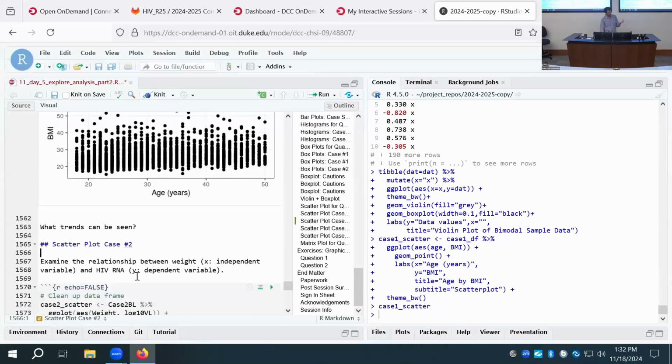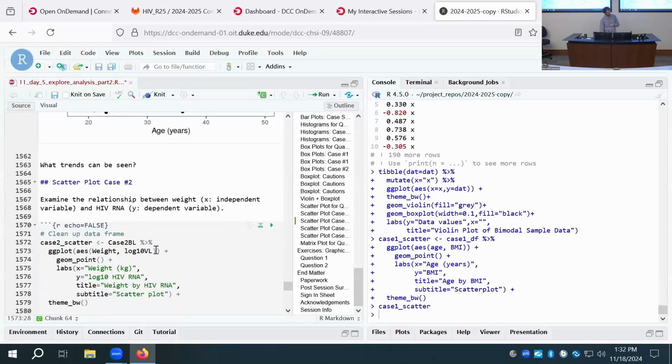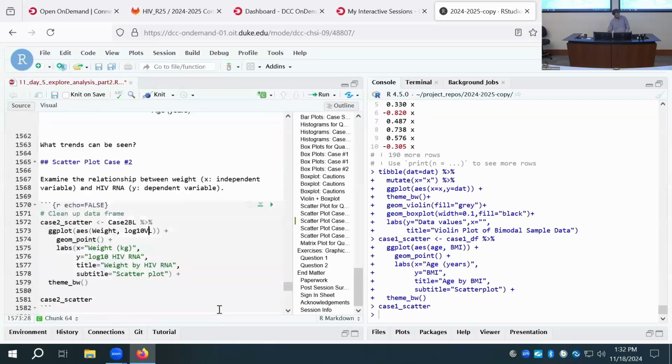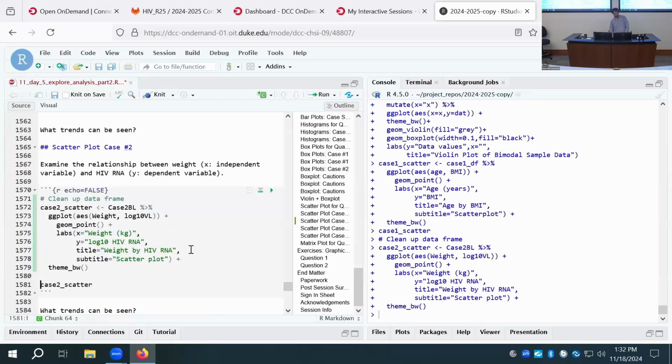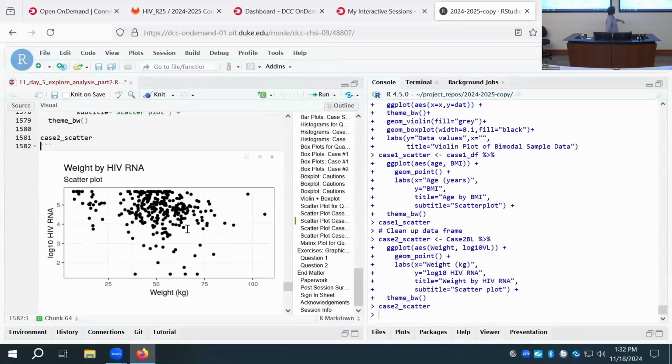Okay, so let's do this again, but now we're going to look at weight and the HIV RNA, the log 10 viral load. Same thing: weight, log 10 viral load, and then plot. This is in case 2. And we get this. We can see there's definitely some boundary issues up here, where you see all these values clumped up at the top.